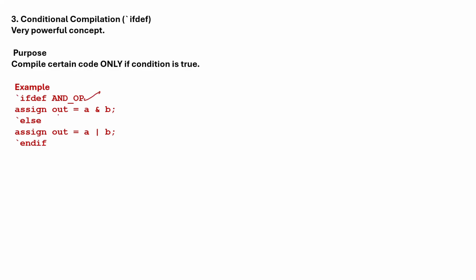Anywhere the AND operation is there, it will consider this one. If the operation is correct, then no alternate path is chosen. If it is not correct, then the alternate path will be chosen.